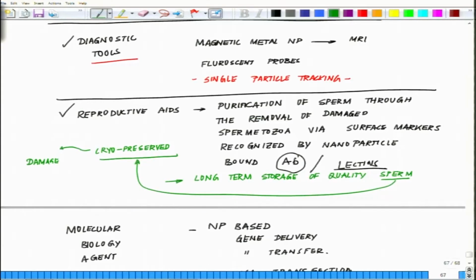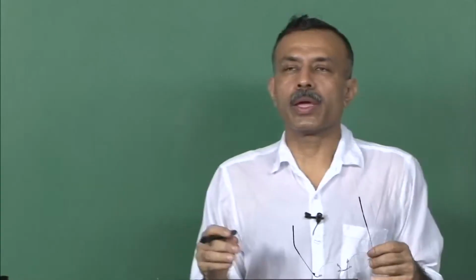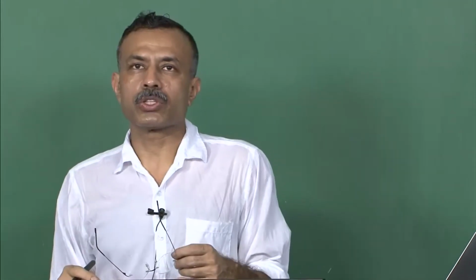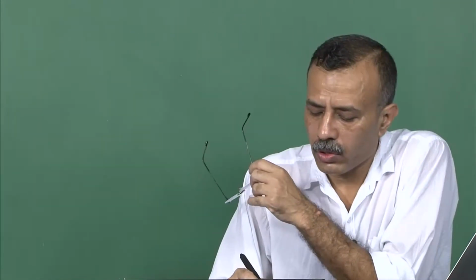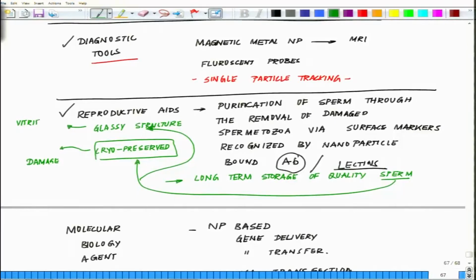Now, how can you cryopreserve them? There is another technique where you convert them into a glassy structure, shifting the cooling curve in such a way that ice spicules or crystals are not forming, which is called vitrification.